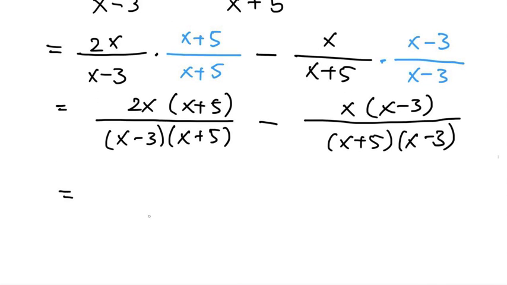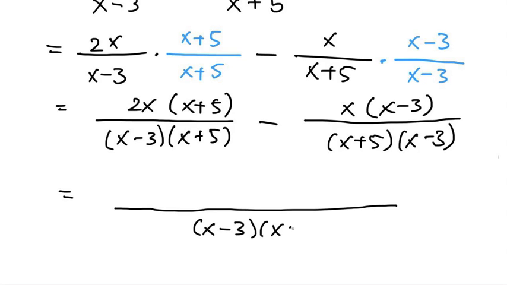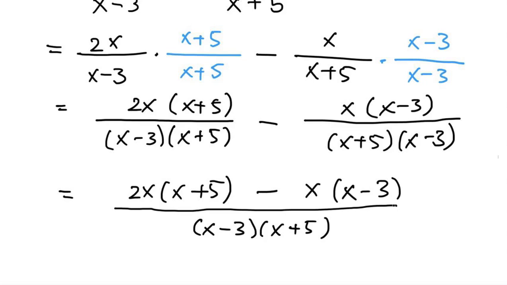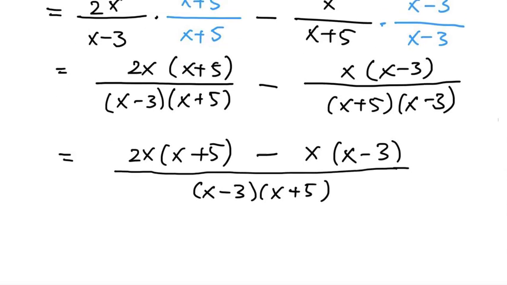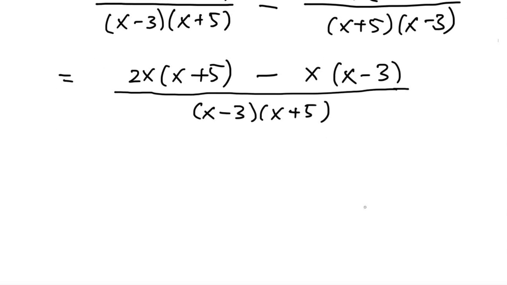So let's draw one big line and put this common denominator once. And let's subtract the numerators. 2x times x plus 5 minus x times x minus 3. Okay, now we're going to simplify this expression and then we're going to be done.